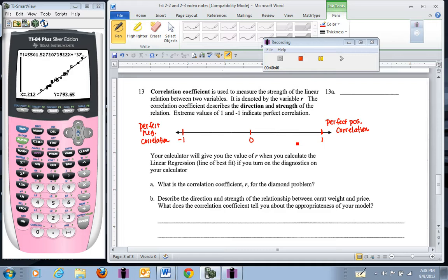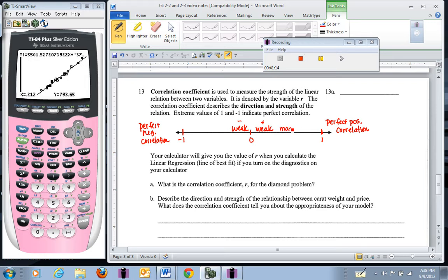If the slope of the line is negative, we'll have negative correlation. So it's not better to be perfect positive than it is to be perfect negative. What we'd like to have is something really close to 1. And the way linear correlation works is, if you get in here, you get weak. So you could have weak positive or weak negative correlation.